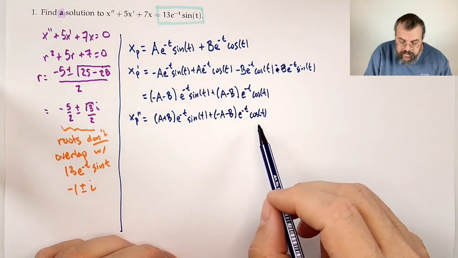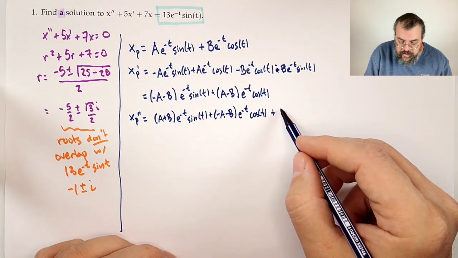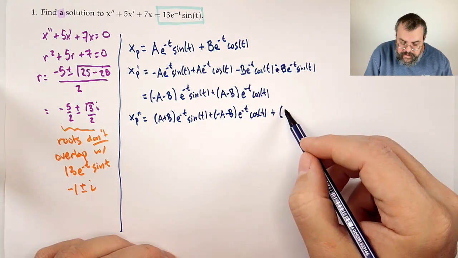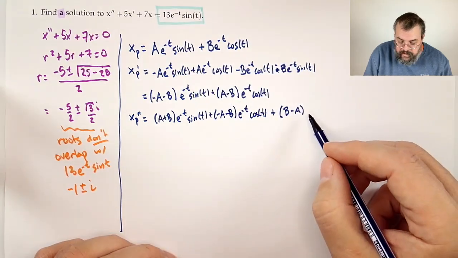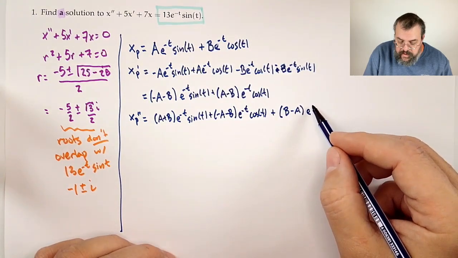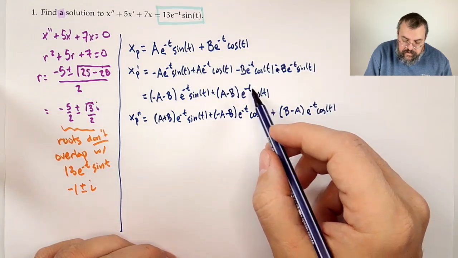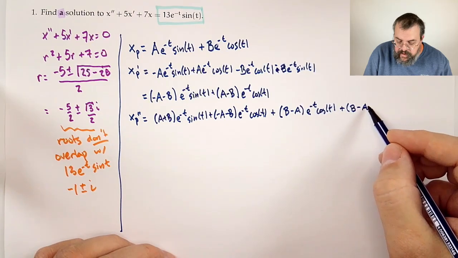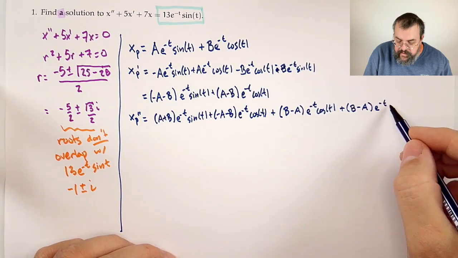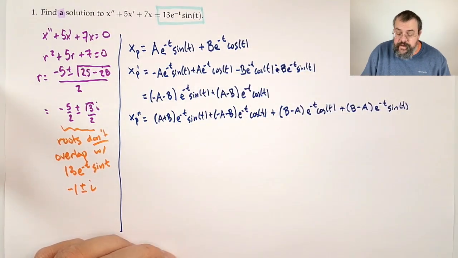And okay, that's derivative of the second. Now come to this term, derivative of the first, minus comes down. So we can write that as b minus a, because minus comes in and flips the signs, e to the minus t cosine of t. And derivative of cosine is negative sine. So again, b minus a, e to the minus t sine of t. So we flip signs because derivative of cosine is minus sine.